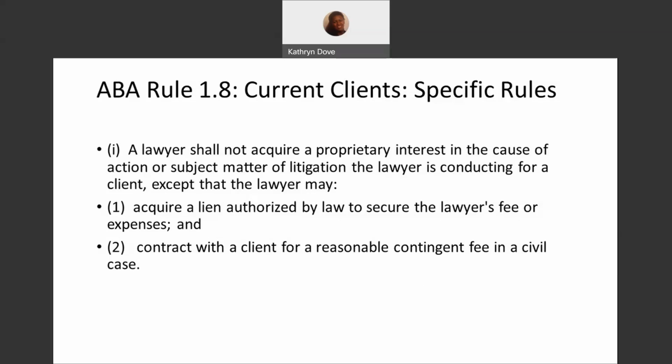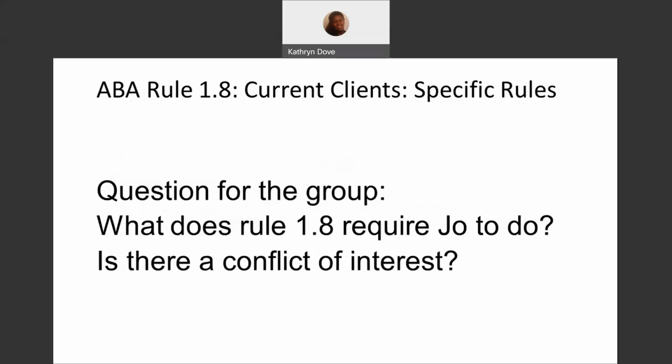Those are the only times when a lawyer can acquire proprietary interest in the subject matter of litigation. So the question for you in the Module 3 discussion is, what does Rule 1.8 require Joe to do? And is there truly a conflict of interest in this transaction to purchase the boat?